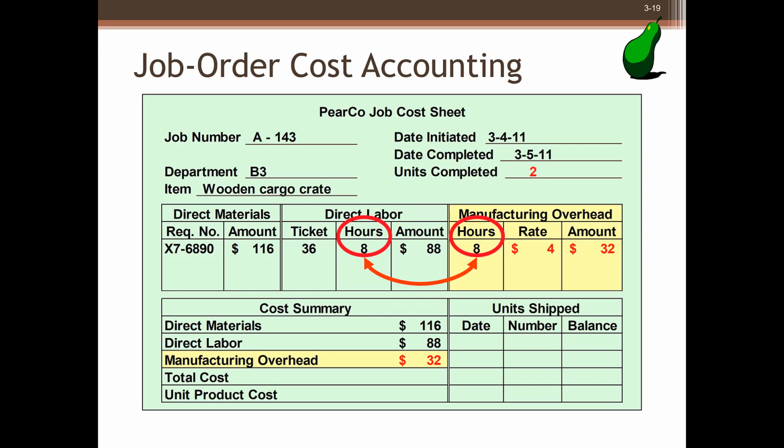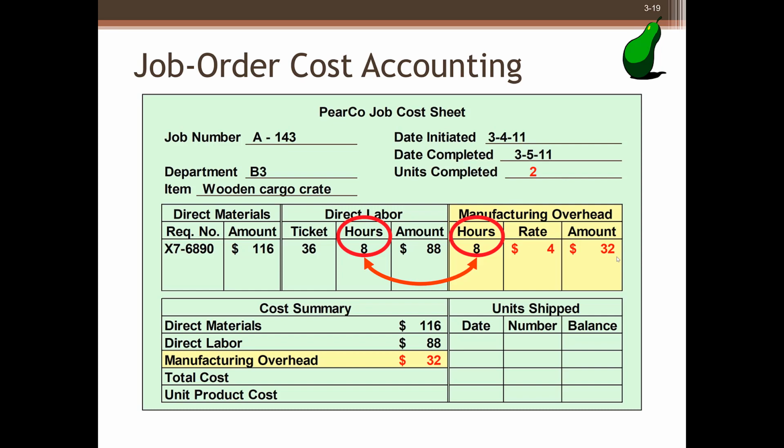So to calculate the total manufacturer overhead cost, which should be assigned to this job, we use 8 hours, direct labor hours consumed for this job, multiplied by predetermined overhead rate, $4, and we can get $32. This is MO cost.